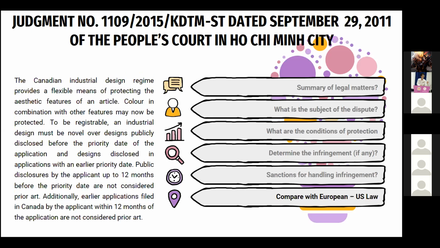The Canada industrial design regime provides a flexible meaning to protect the aesthetic features of an article: its shape, configuration, pattern, or ornament, or any combination of these features. Color in combination with other features may be protected.